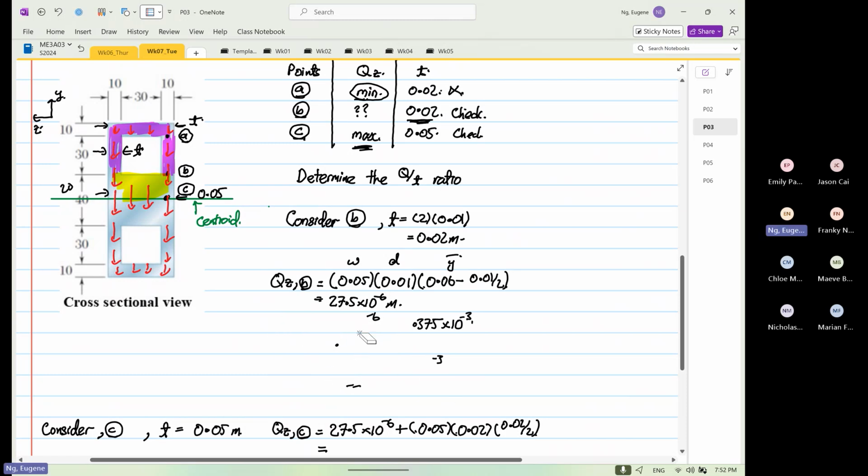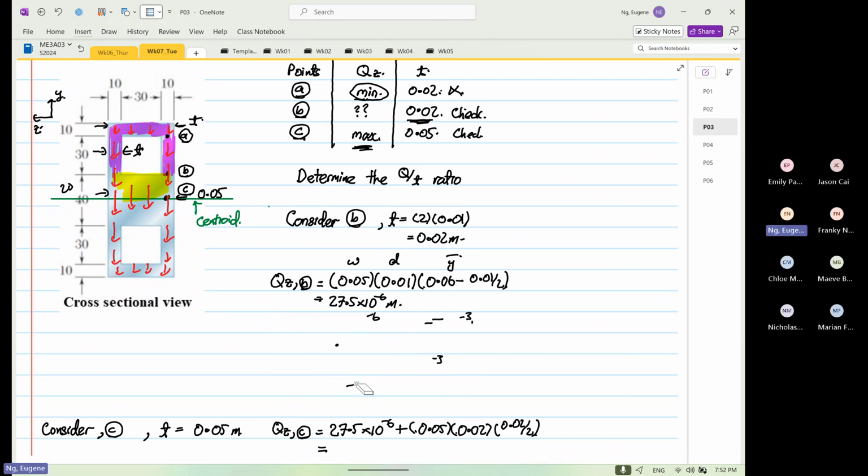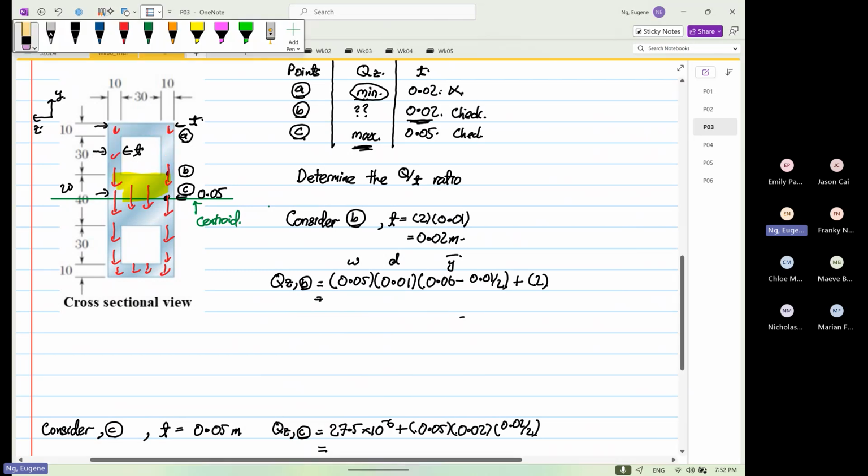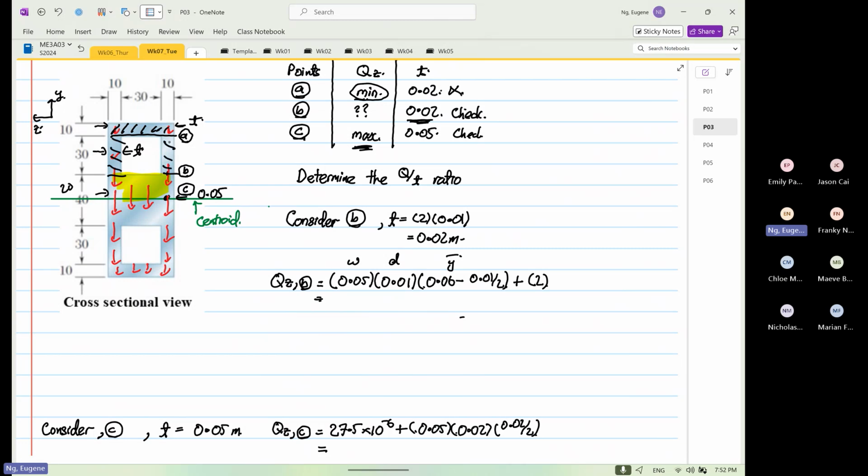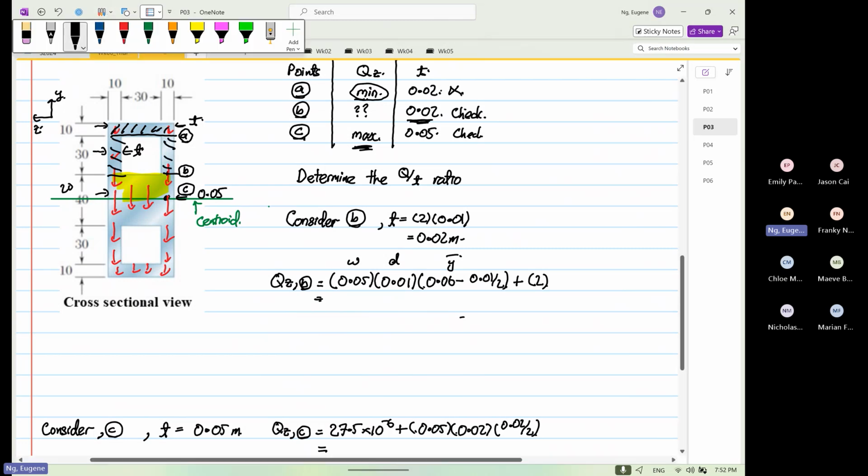I did it wrongly because I forgot to add another section, which is the web section at point B, plus twice. When I did it the first time, I only considered here, which is not enough. I need to consider these two sections, which I forgot. My bad, I do apologize.